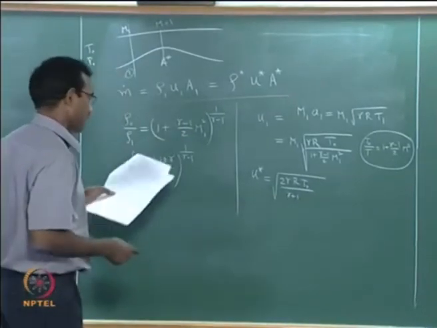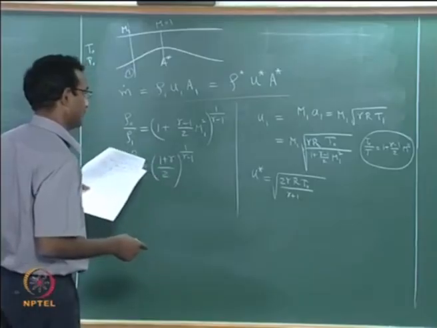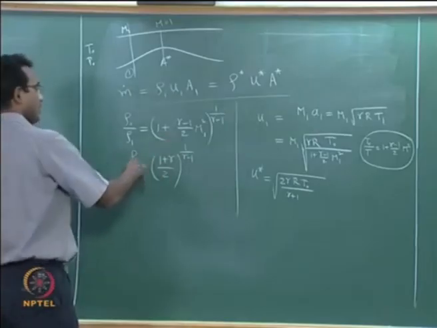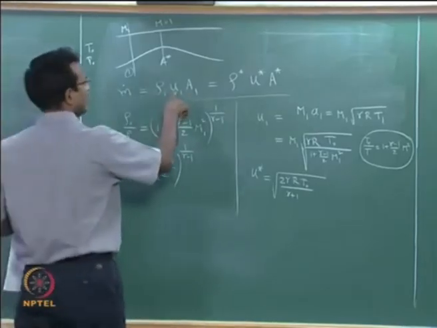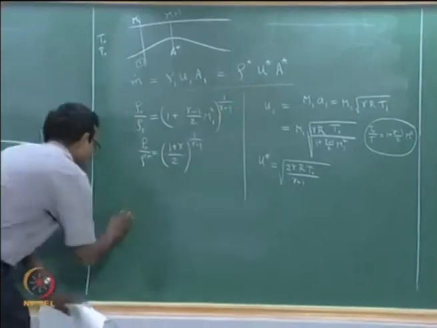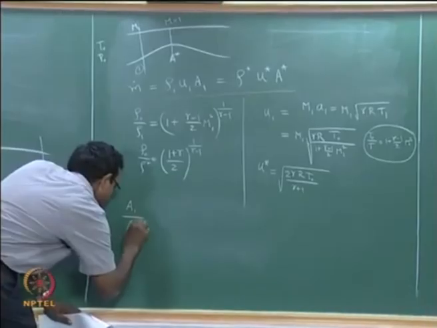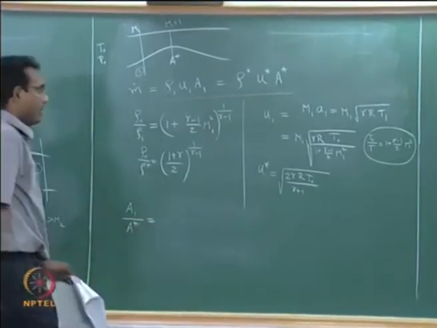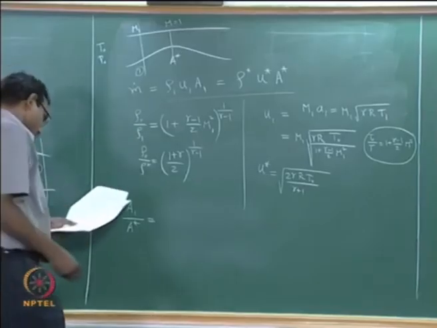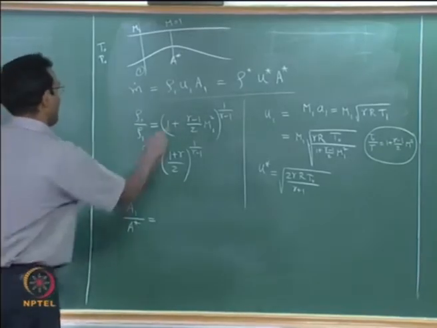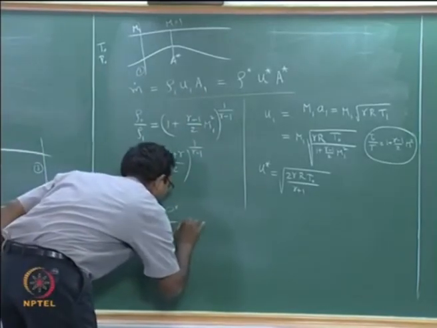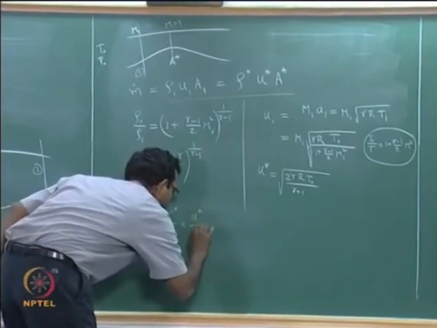Now we want to simplify it much further. I will substitute the ratios of these such that I will get a1 by a star. If I do this, I have to take the remaining things there: rho star by rho multiplied by u star by u.